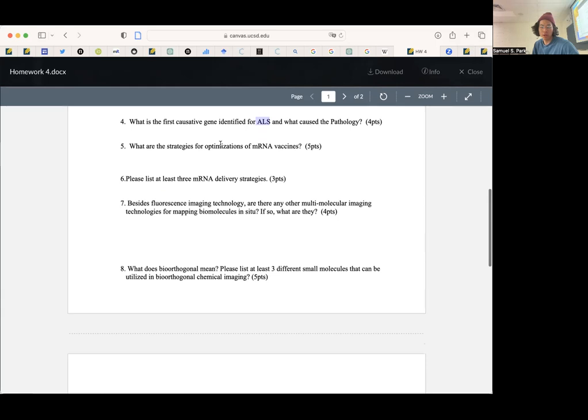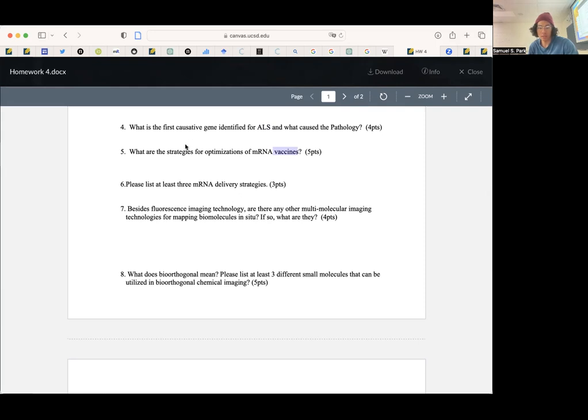What are strategies for optimizing mRNA vaccines? Yeah, I think you can find that in Kun Zhang's slides as well. But if you have trouble with that, maybe we can address it. I guess I could briefly address this.